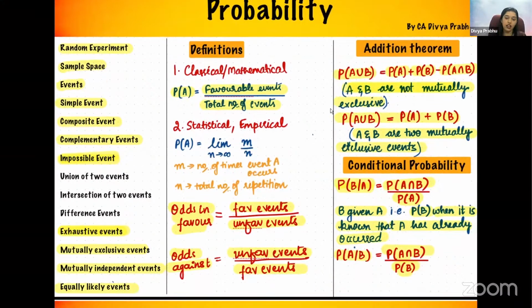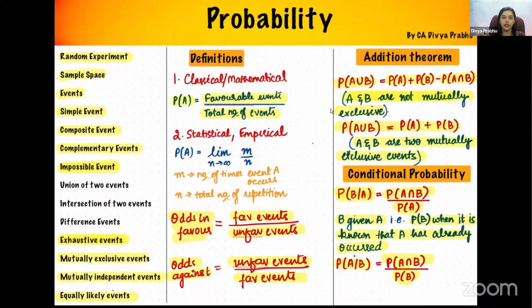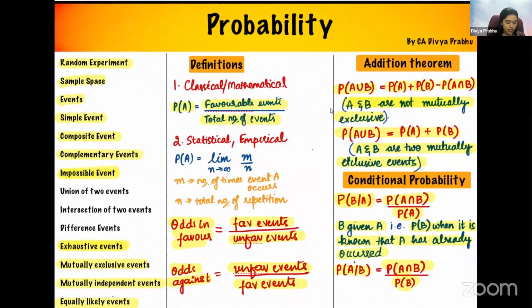I'm very sure that after listening to this class, you will be in a position to at least attempt those questions. Once this session is done, I want you all to open the book, open the probability chapter. Similar to those questions, try other questions as well. Even after following my approach, then you tell me if the chapter is difficult or not. Clear? So let's begin with this chapter.